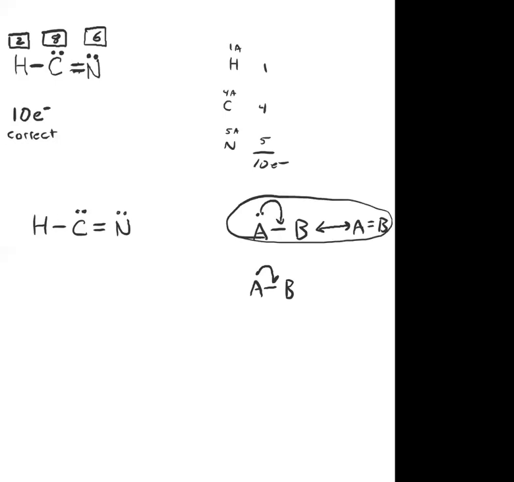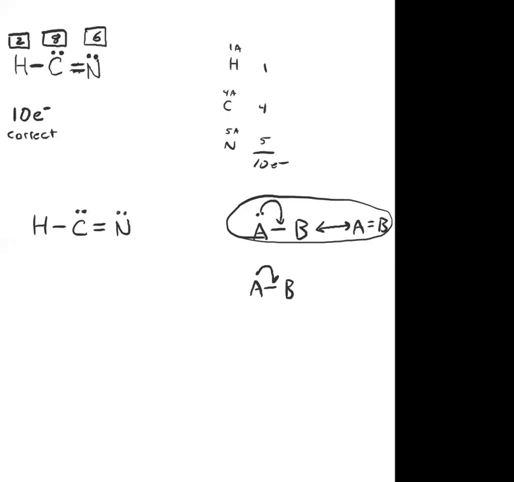Okay, the reason you do that is because the atom that you're pushing the electrons toward doesn't have enough. If it doesn't have enough electrons, a tool you can use is to push a pair, or 2 pairs even, of lone pairs, these non-bonding pairs, so that they're shared between the 2 atoms.